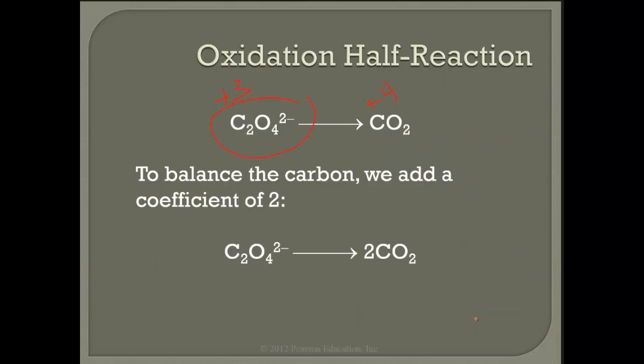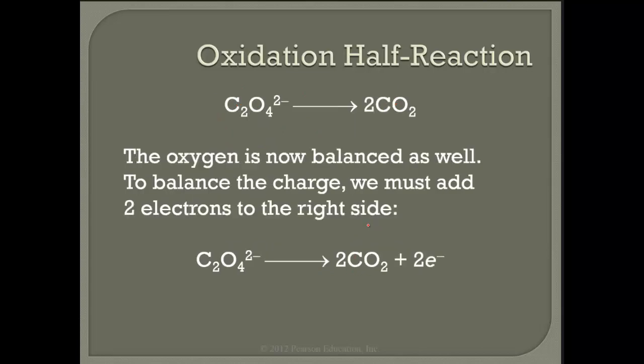Alright, first thing we want to do is balance the things that are not hydrogen or oxygen. That leaves us with carbon. We have 2 on the left and only 1 on the right. So we're going to use the coefficient of 2 to balance it. From here, the oxygen is now balanced because we have 4 oxygens here and we have 4 here.